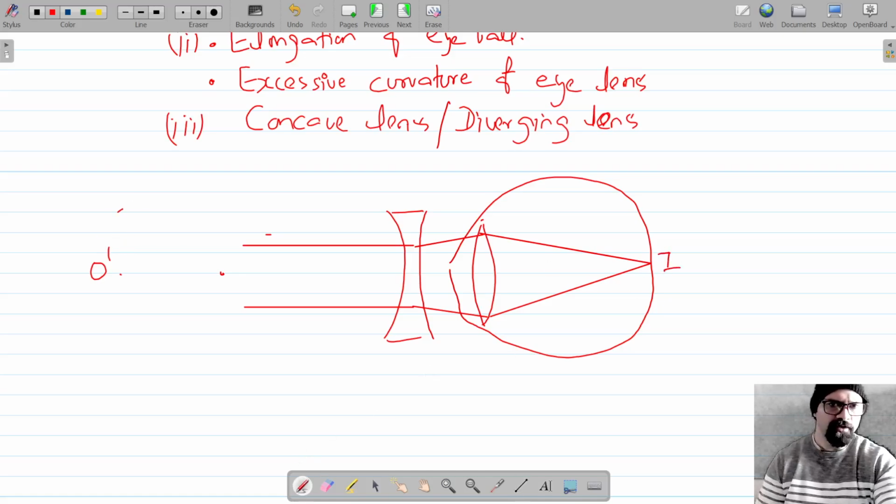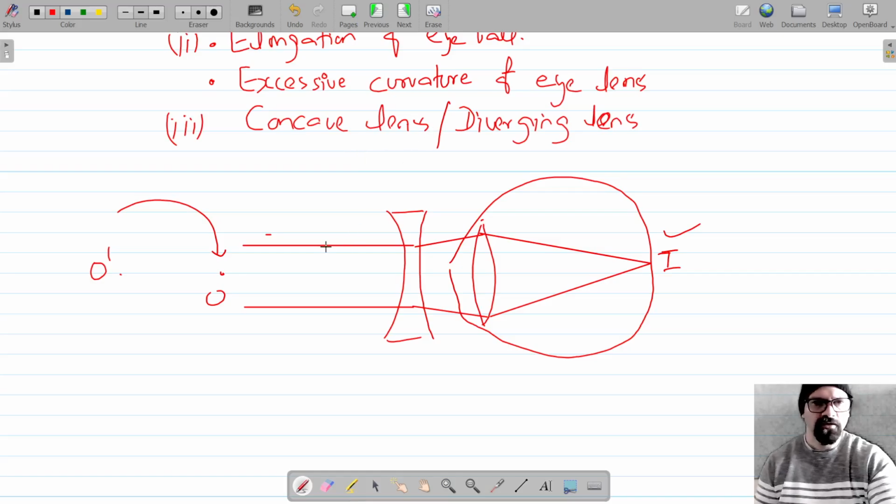This is how the diverging or concave lens corrects myopia, and we are able to see distant objects distinctly.